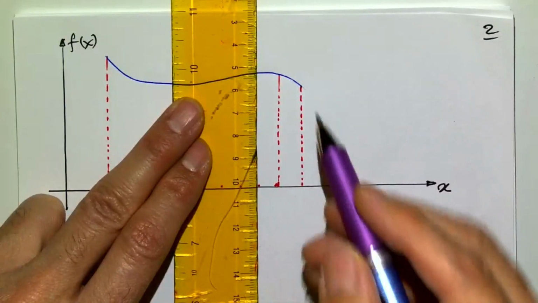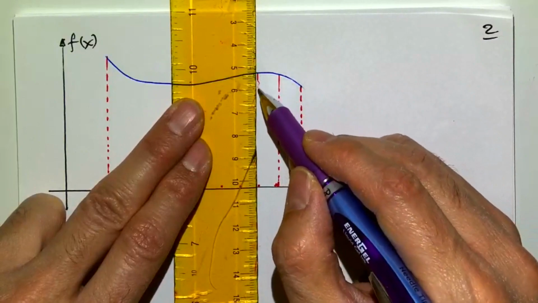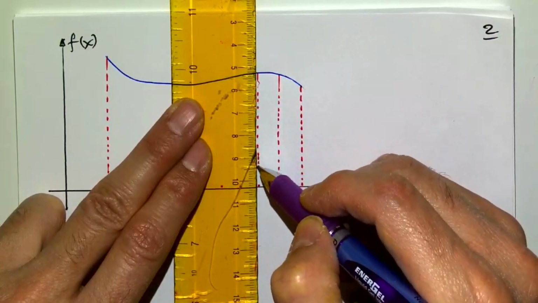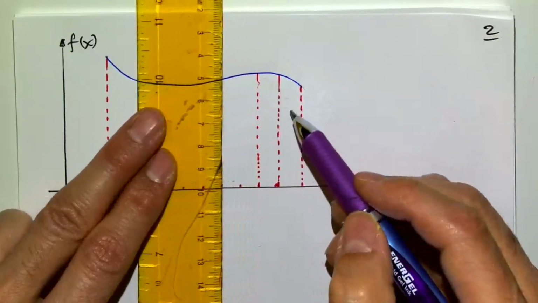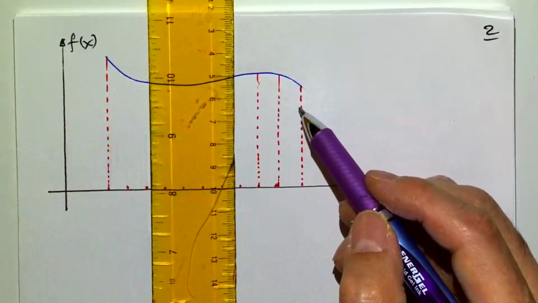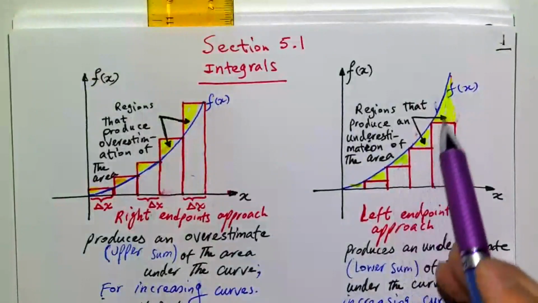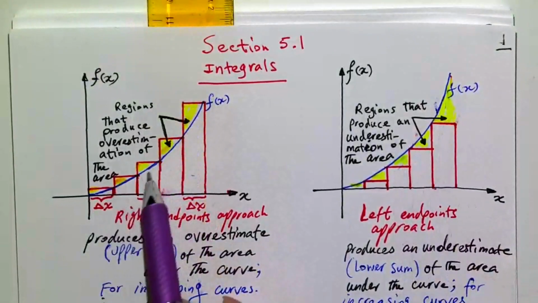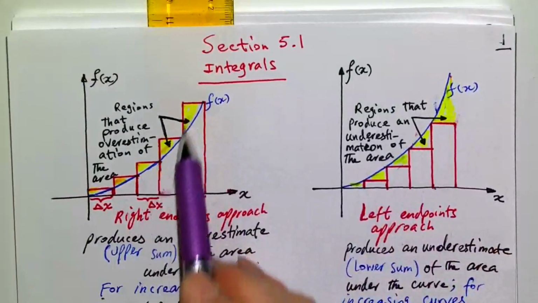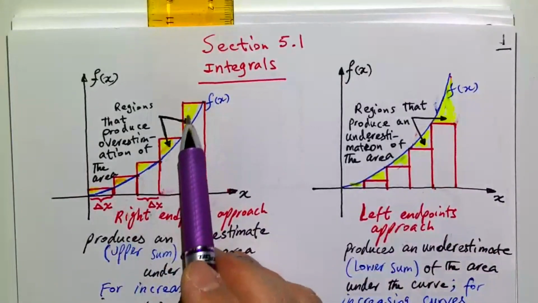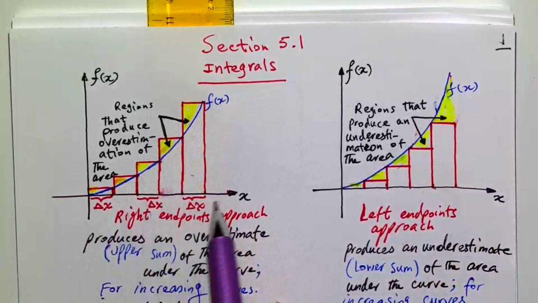When we decrease the width of these rectangles, they fit better under the curve. Those wasted spaces that we had, they're going to be minimized. These yellow spaces, which were wasted spaces, here they helped us overestimate the area.